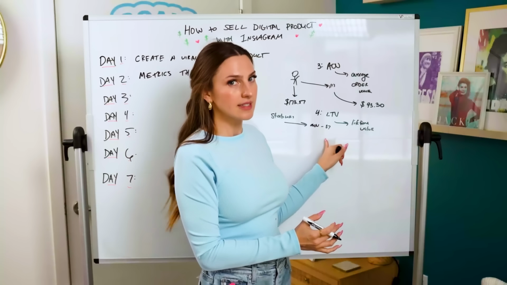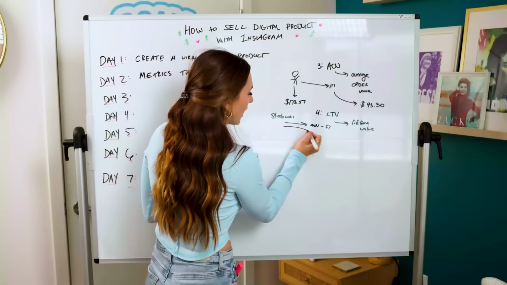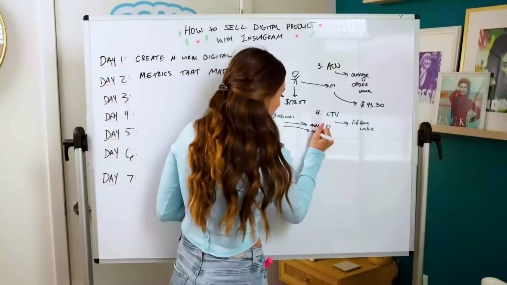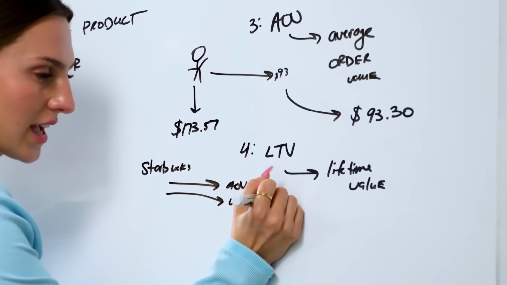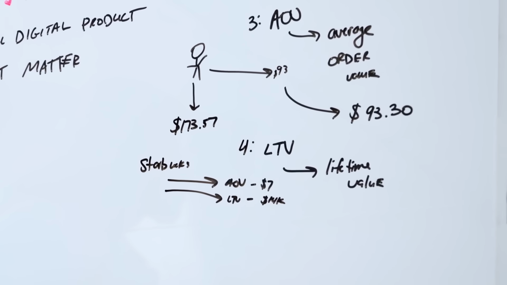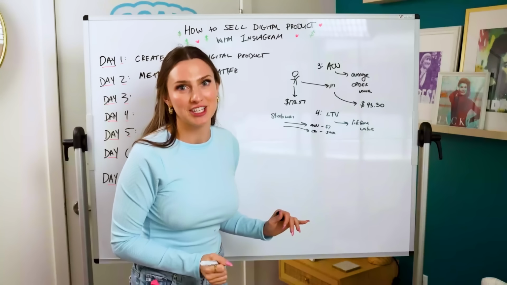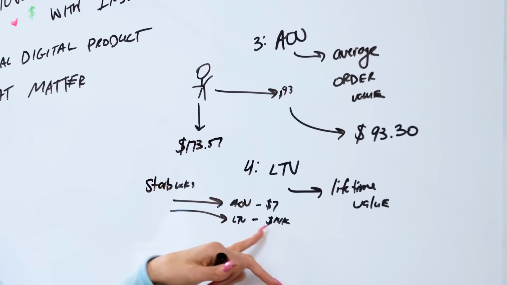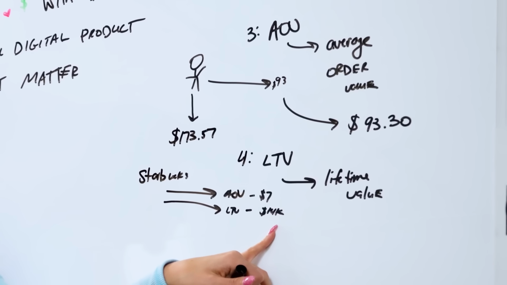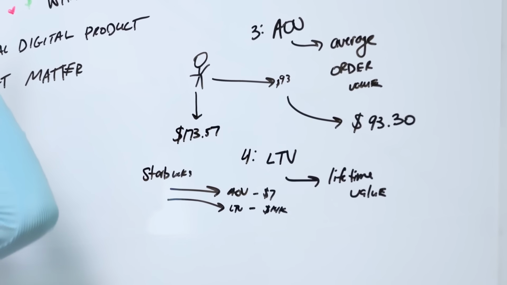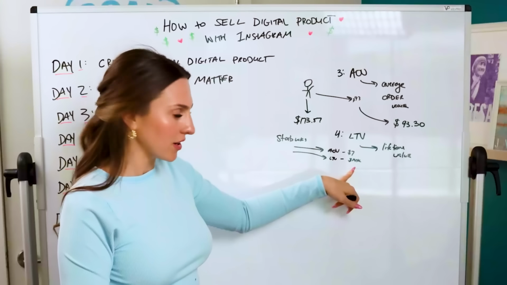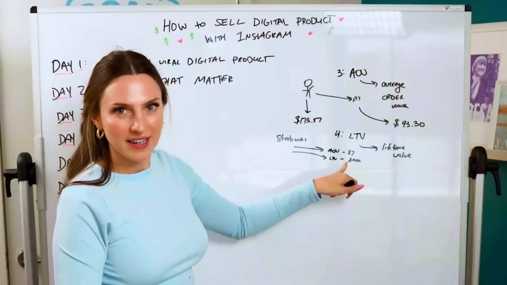Their LTV, are you ready? It's freaking nuts. It's $14,000. Meaning, on average, the lifetime value of a new Starbucks customer is $14,000. Over the lifetime of someone's life, they'll spend $14,000 at Starbucks, one $7 order at a time.